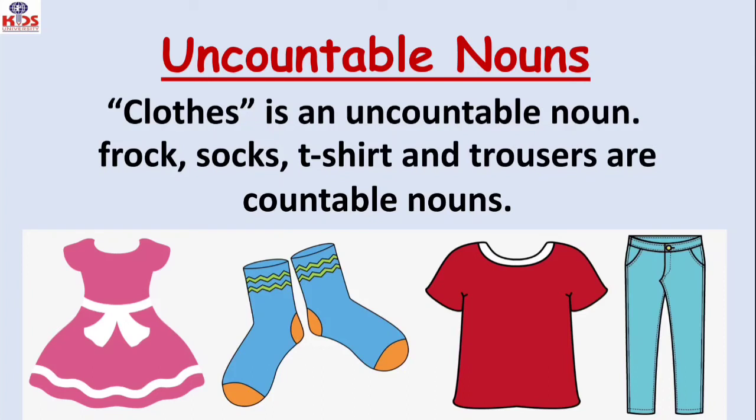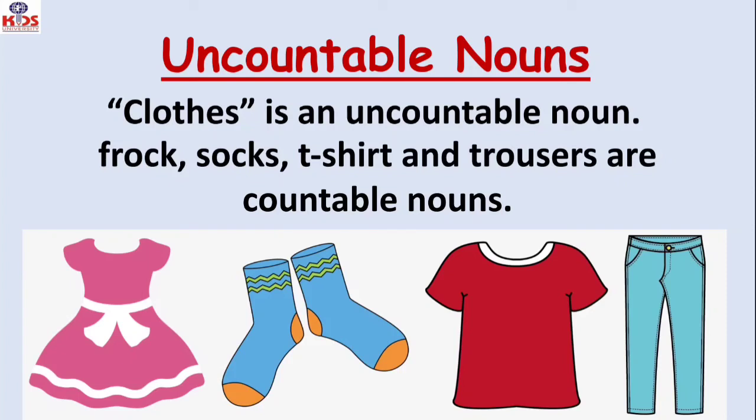Let's look at the other one. Clothes. Clothes itself is an uncountable thing, but frock, socks, t-shirts and trousers come under the category of clothes. We can say that I have 10 socks, or I have a pair of trousers, or we can say I have 5 t-shirts.